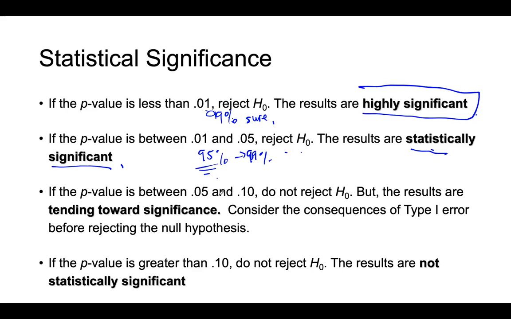We want things to be at this 95% level, even though it's what people choose in the literature. If the p-value is between 90 and 95%, you do not actually reject the null hypothesis, but the results are tending towards significance. That's still okay, but it's not as great as over the 95% level, where you could typically say confidently and publish research.